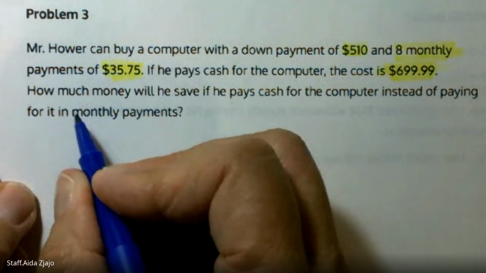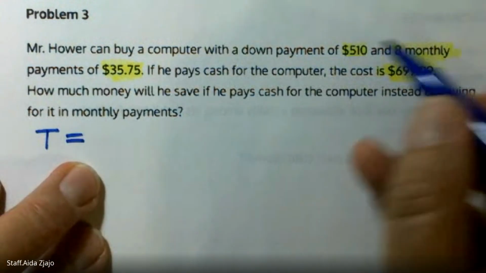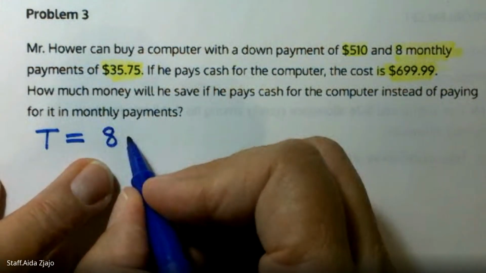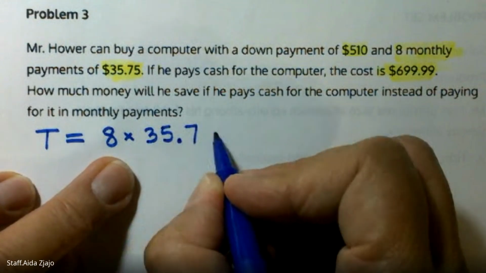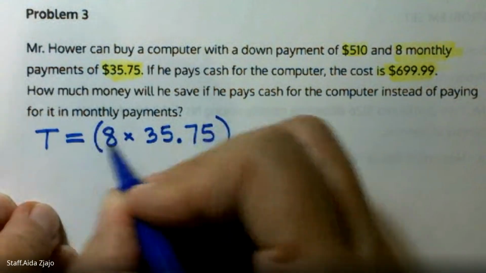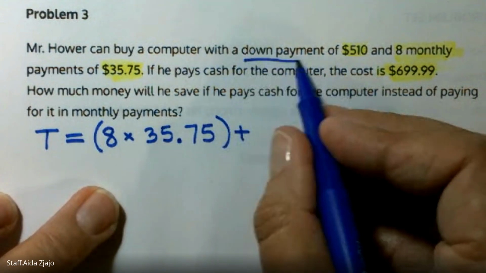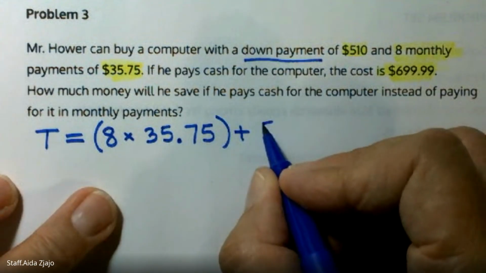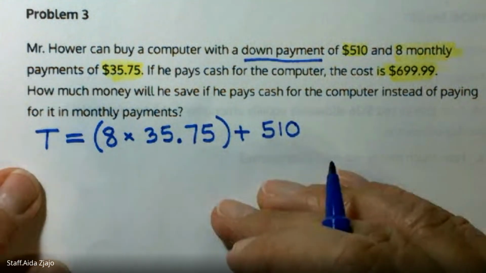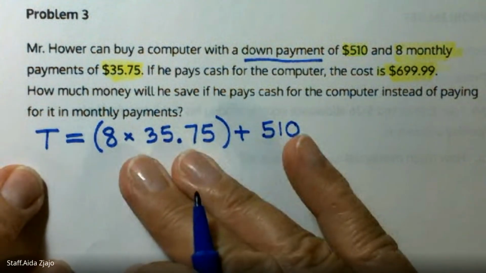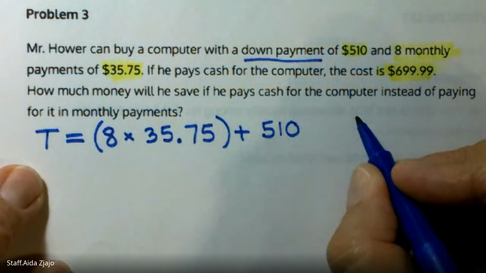The total money for the computer would be 8 months times the payment of $35.75, plus he will need to pay the down payment, and the down payment is a one-time thing, $510. So the first thing we need to find is how much per month he will need to pay, and then add the down payment.